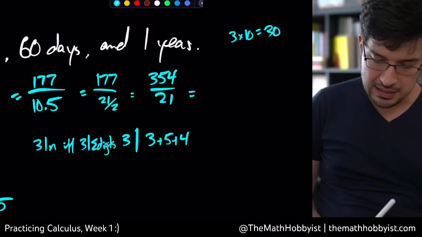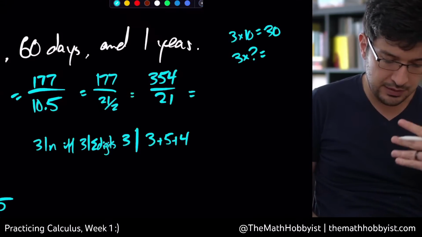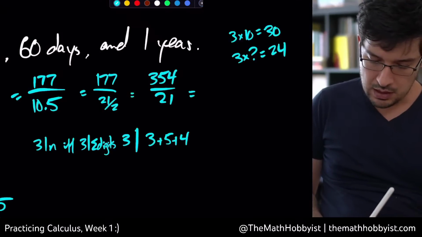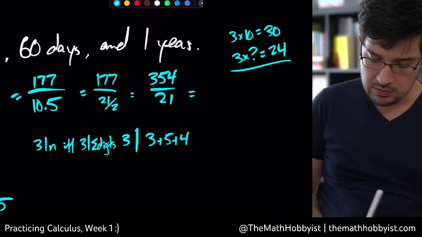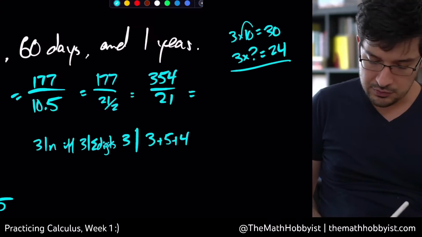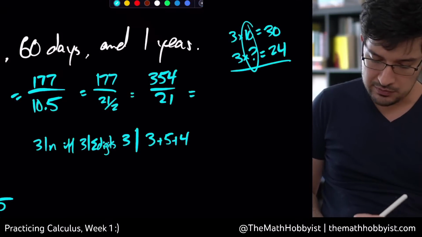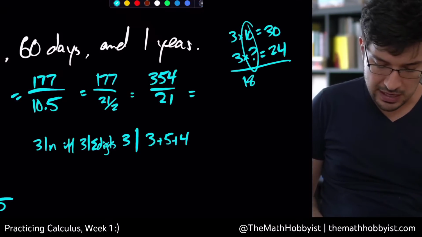How much is remaining? How far apart are 30 and 54? They are 24 apart. And I know 3 times 8 is 24. So adding those together, we have 18.